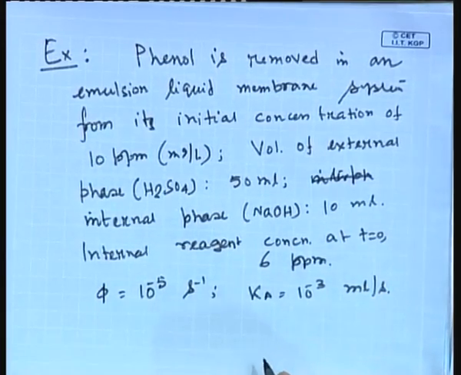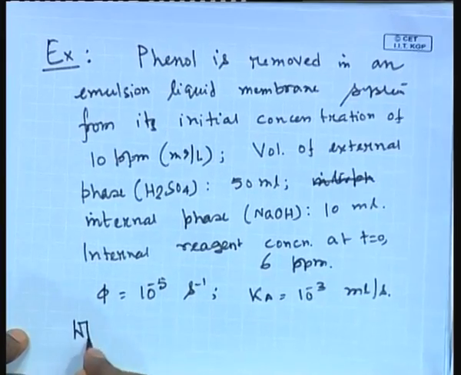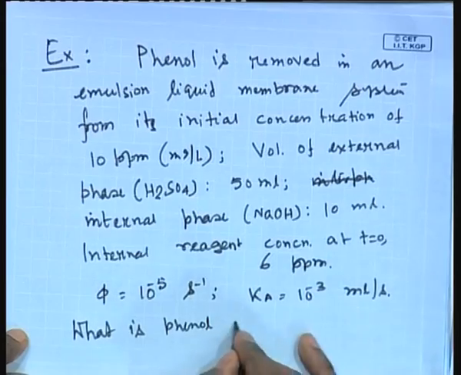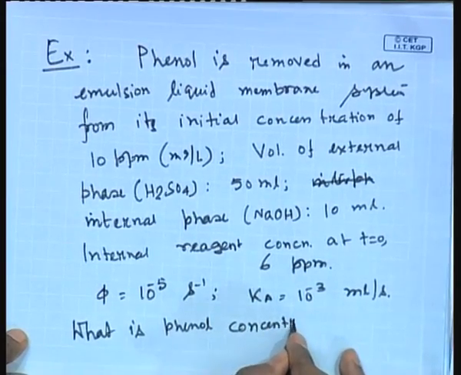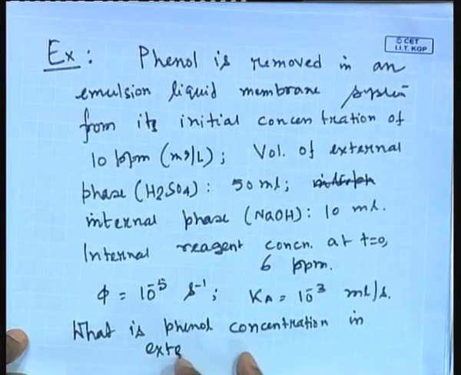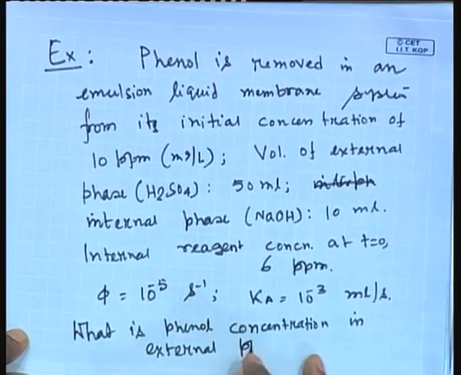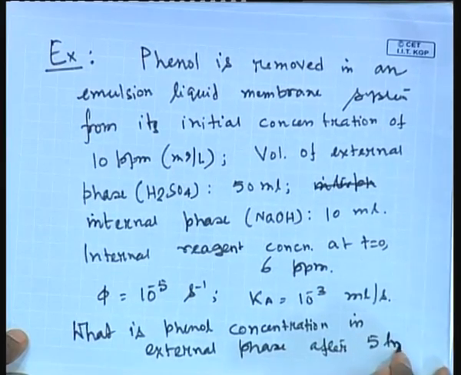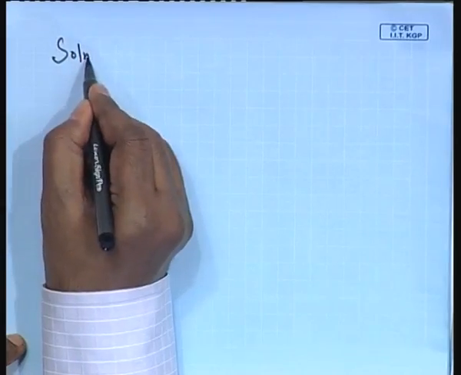So, what we have to do? We have to find out the phenol concentration in the bulk phase, that means in the external phase, after 5 hours. Okay. So, the solution is straightforward.